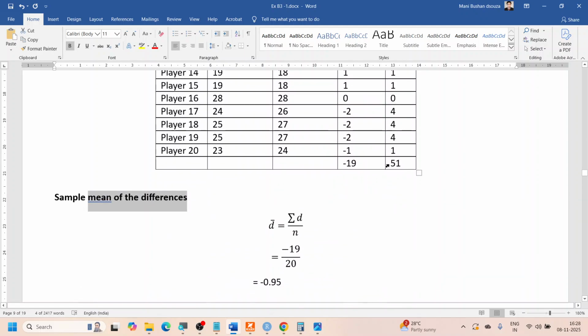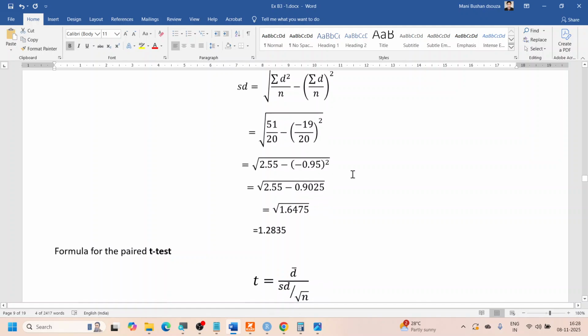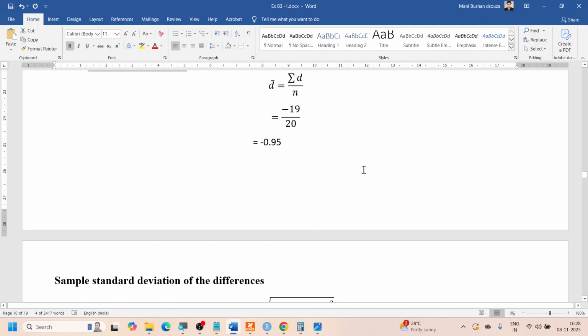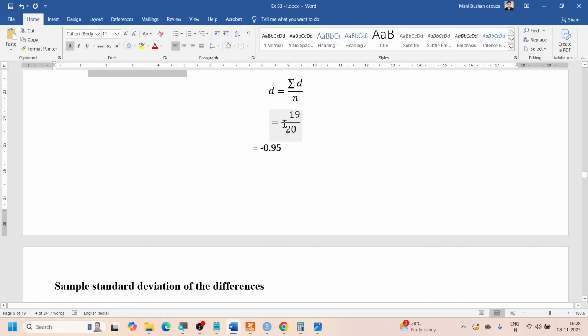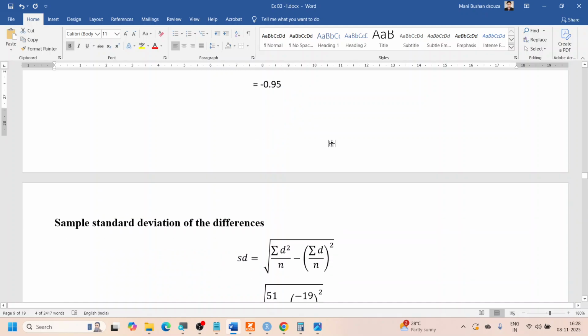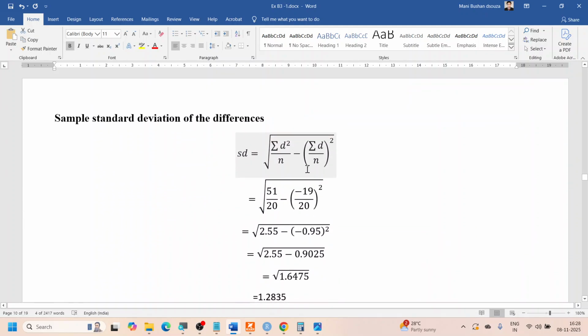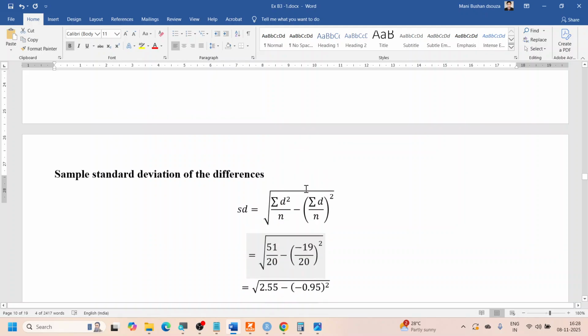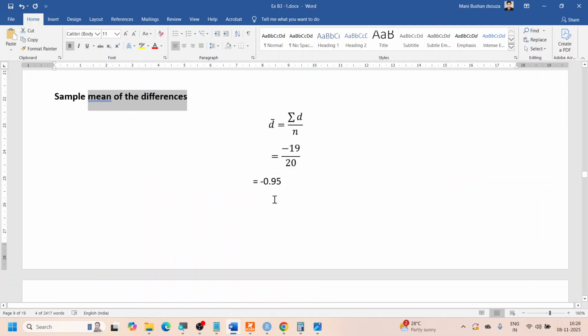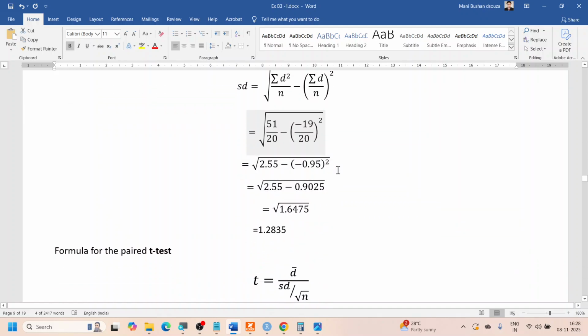We have found the summation 51 divided by n, which you know very well. n is 20, the number of students. And this value you have already calculated, that is summation d by n, that is 0.95. So substitute 51 by 20 minus 19 by 20 whole square, that is 0.95 square.